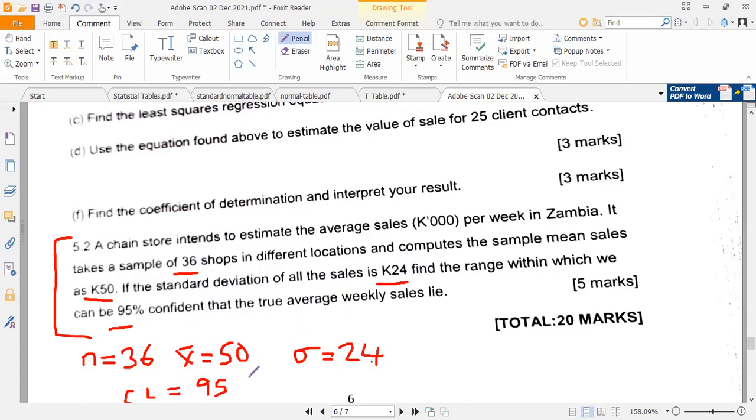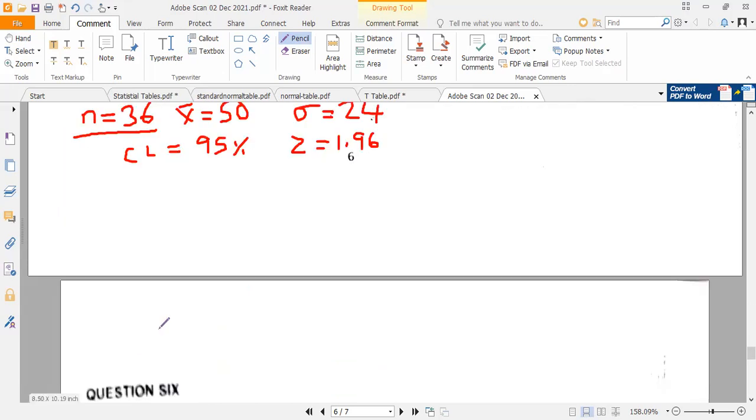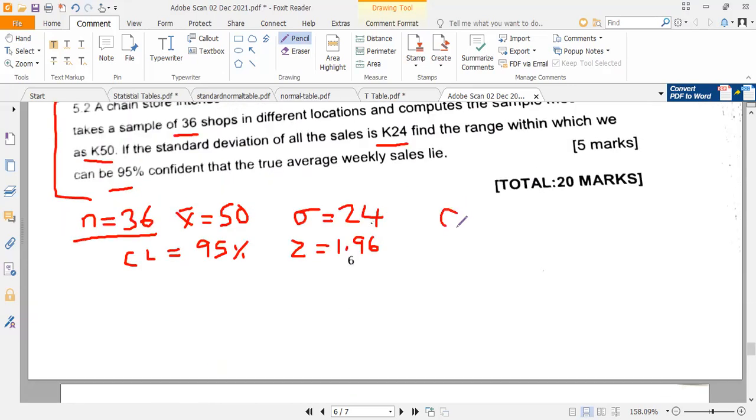Are we using T or Z? Z, right? Why? Because the sample is more than 30. So what is the Z at 95%? 1.96. So the confidence interval is equal to x bar plus minus Z standard deviation over square root of n.